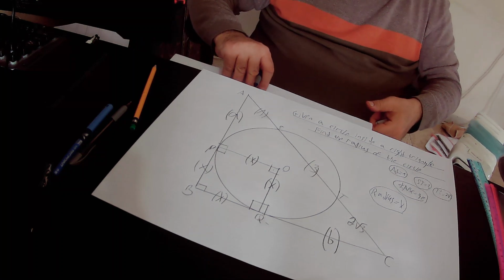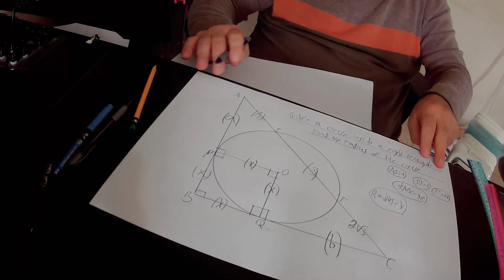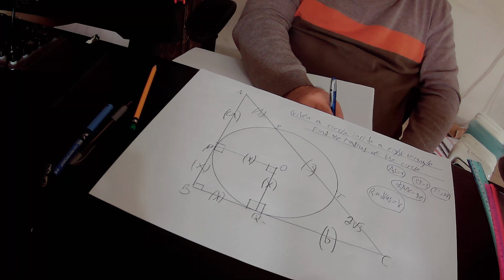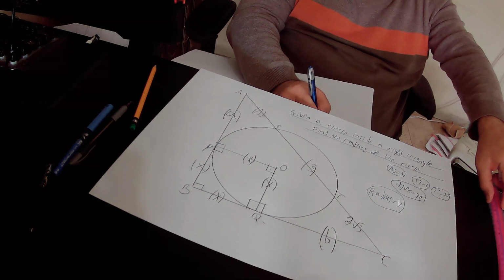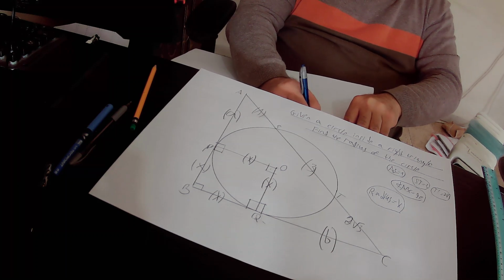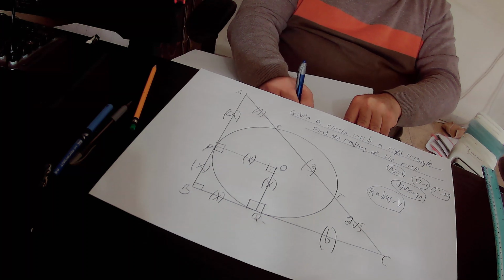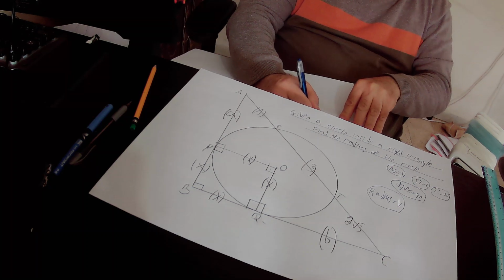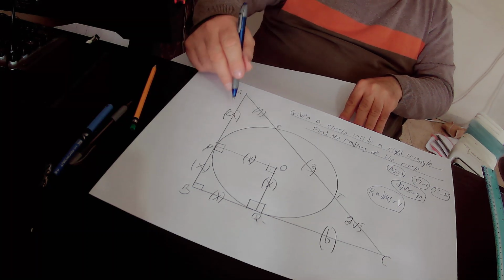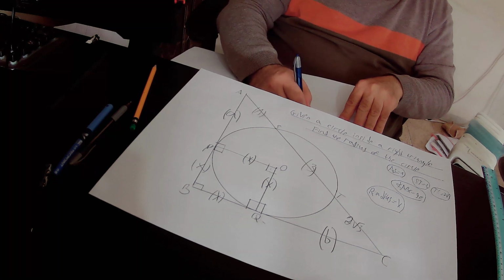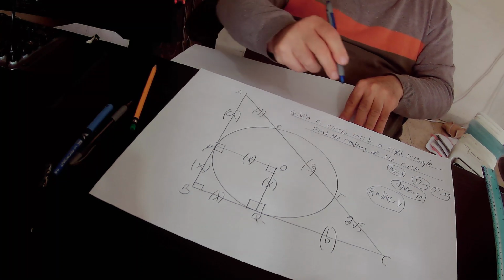If we focus at this point A, according to rule 10, we get that the following equation is true: AP squared must be equal to AS times AT.